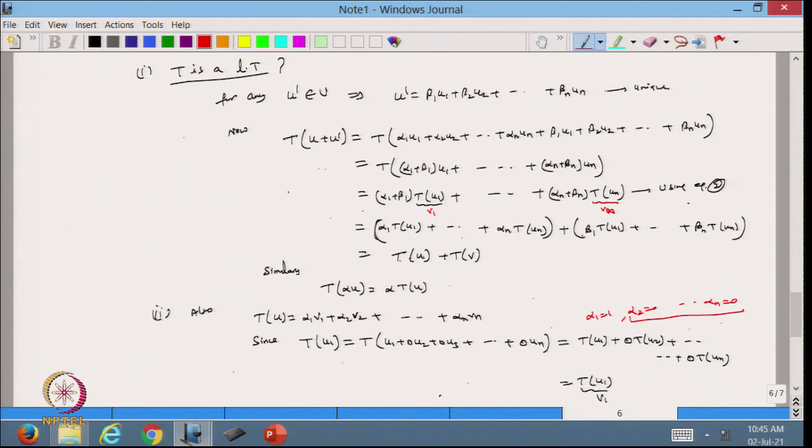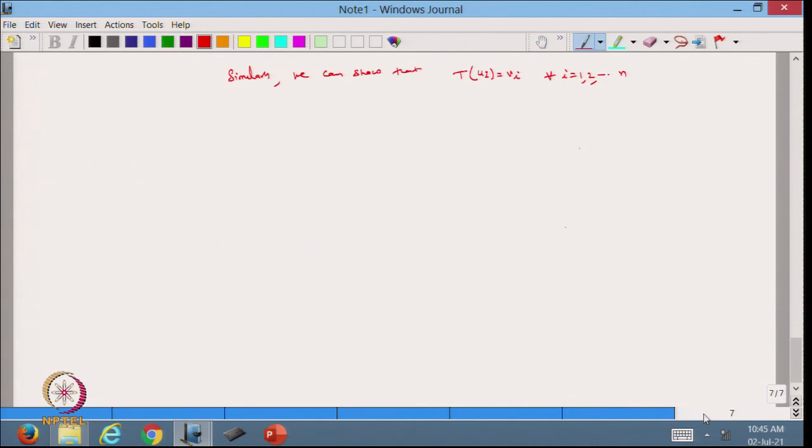So, here we have defined this property, and then we got this value. Now, this condition is there that each of the basis elements should have an image in the vector space V, like this one, T u i is equal to v i.